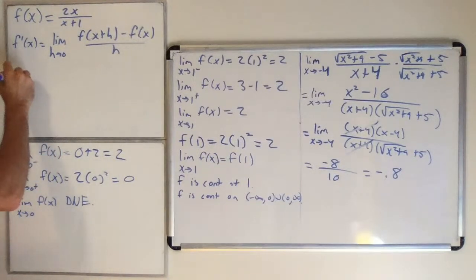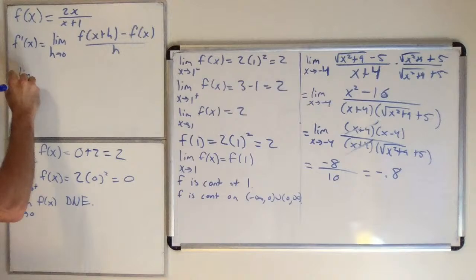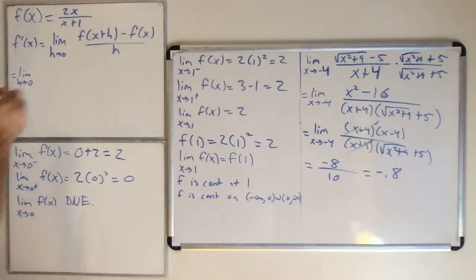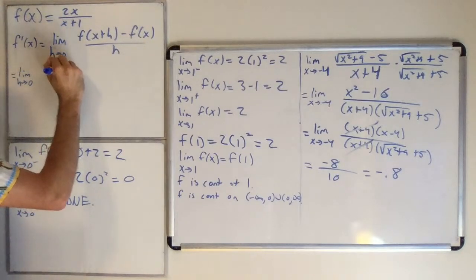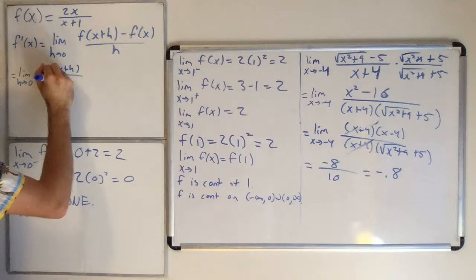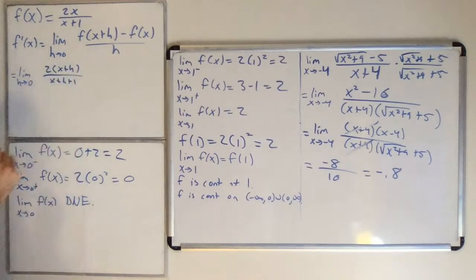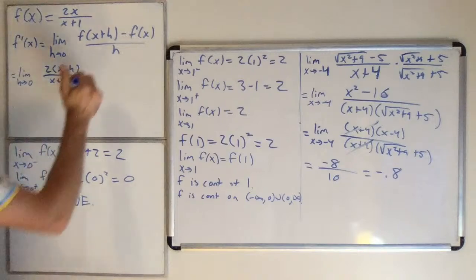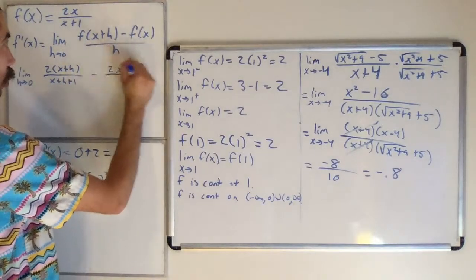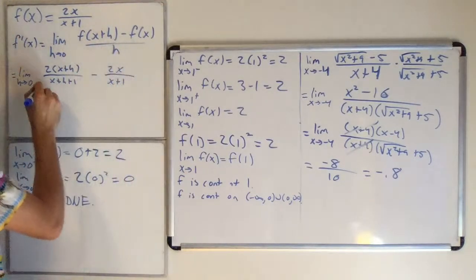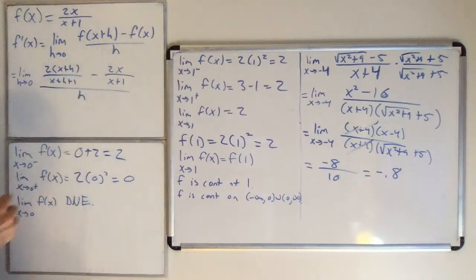Okay, so this is equal to the limit as h goes to 0 of 2x times x plus h over x plus h plus 1 minus 2x over x plus 1, all over h.